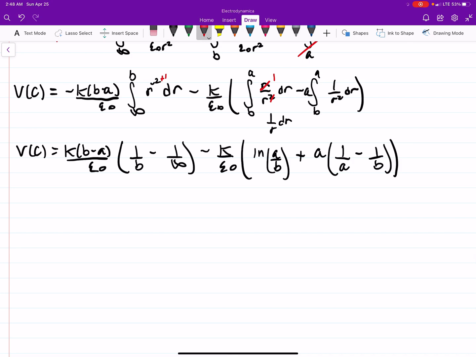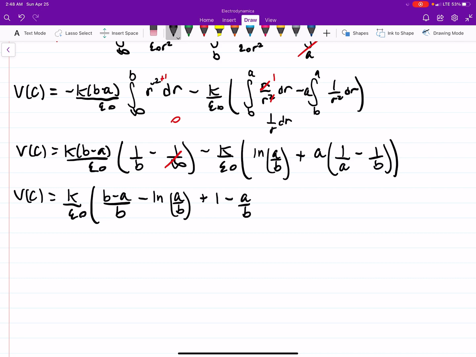Now this is obviously 0, so the potential at the center we have as k over epsilon naught, that's everywhere, b minus a over b, minus the natural log of a over b, plus a over a is just 1, minus a over b.